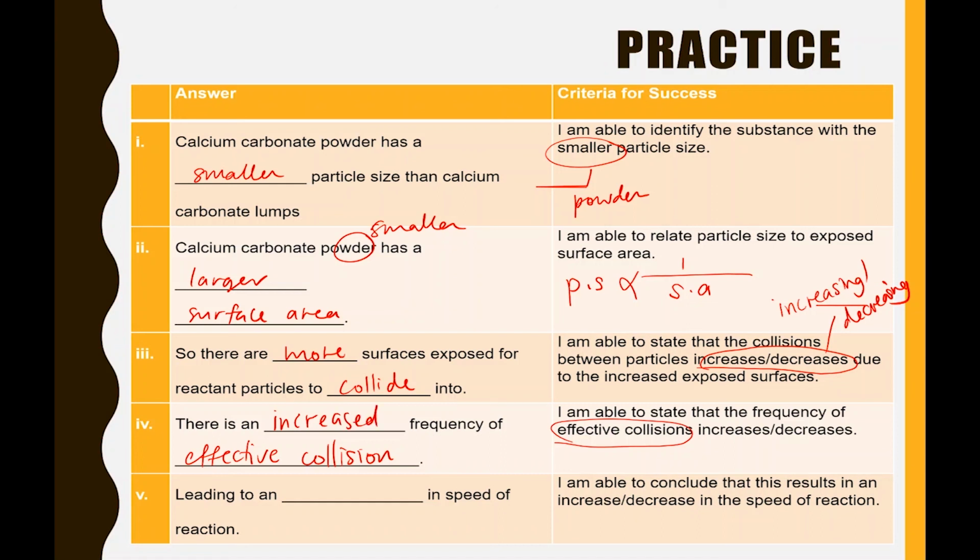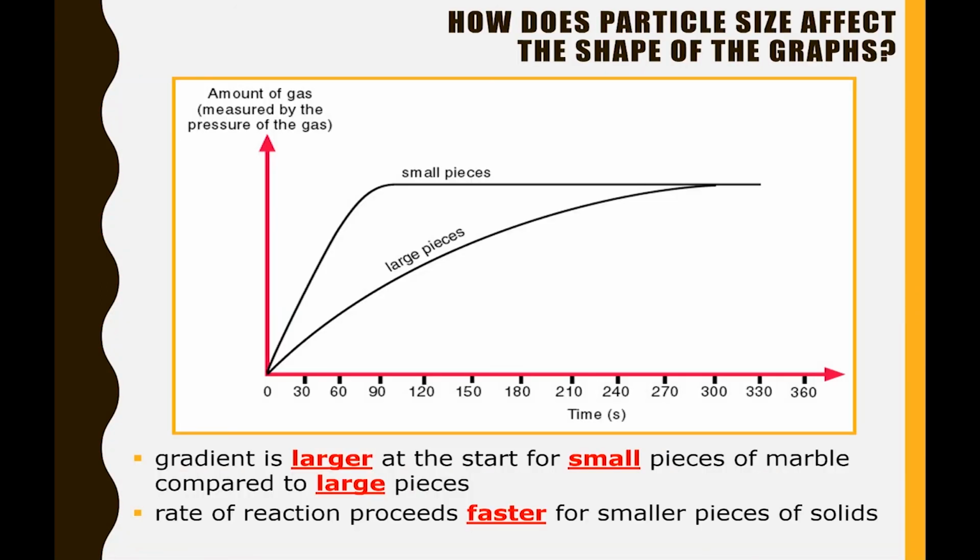Lastly, I'm able to conclude that this results in an increase or decrease in the speed of reaction. So increased effective collision will lead to an increased speed of reaction.